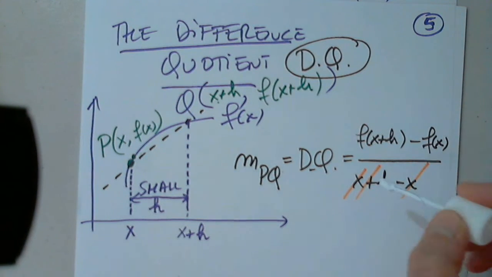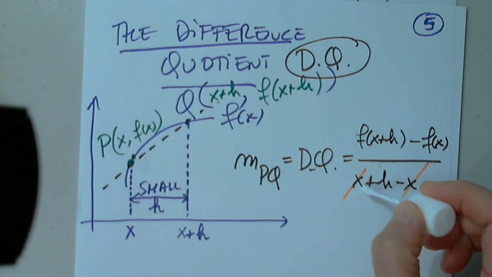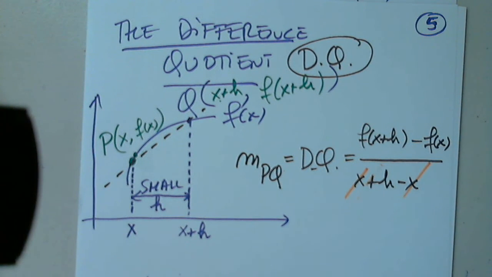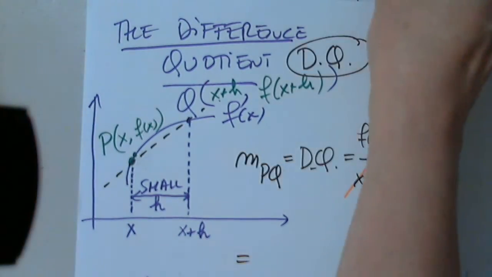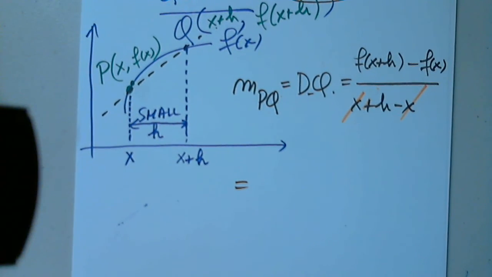So let's analyze what it means. Because they are so close, it's almost the instantaneous rate of change, but not quite. So from now on we have to memorize this, or you have to put it in your notes forever.